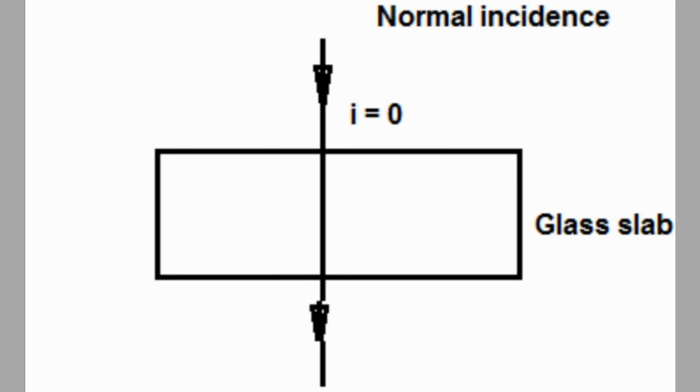What happens if the light ray is incident normal to the surface, or normal to the boundary between the two media? That means the incident light ray and the normal line will be the same. In that situation, is it bent away from the normal or towards the normal? Whenever the light ray is incident normal to the boundary between the two media, there is no path change. The light ray moves through the same line, following a straight line path.